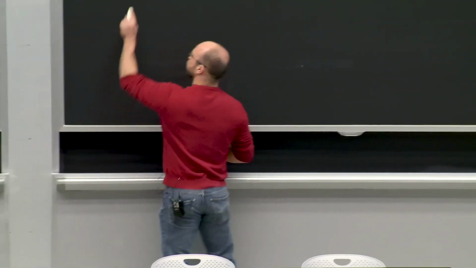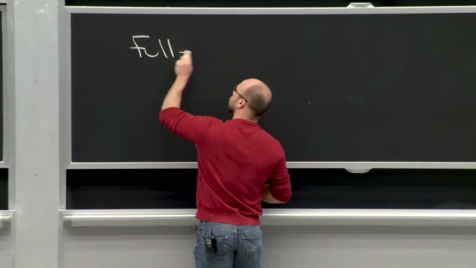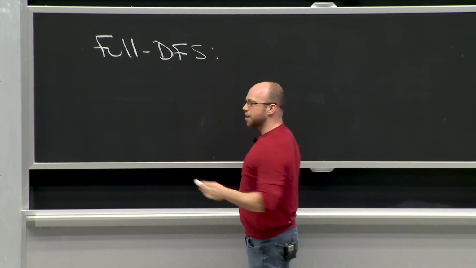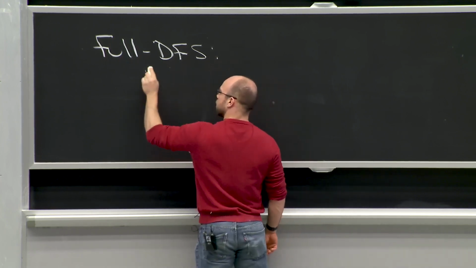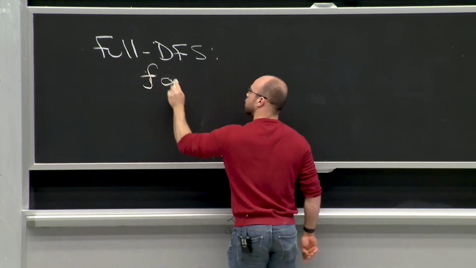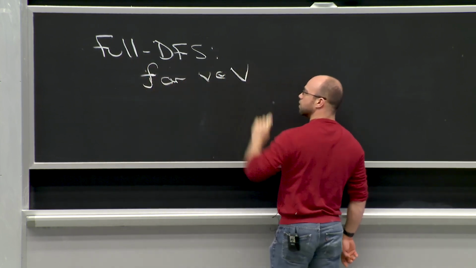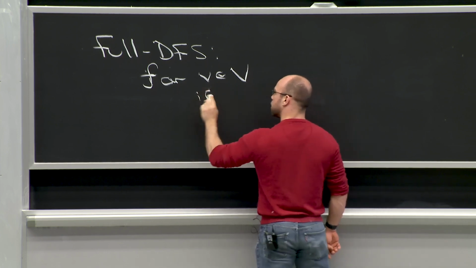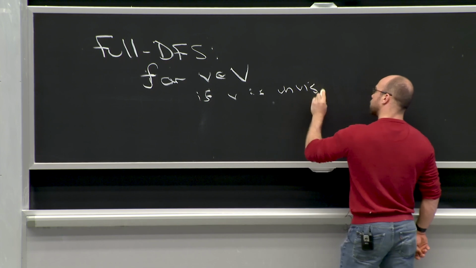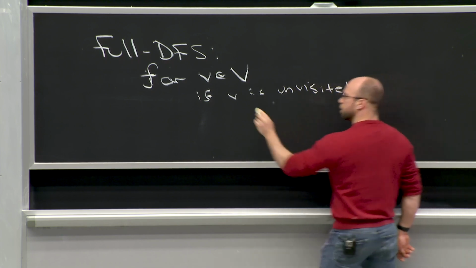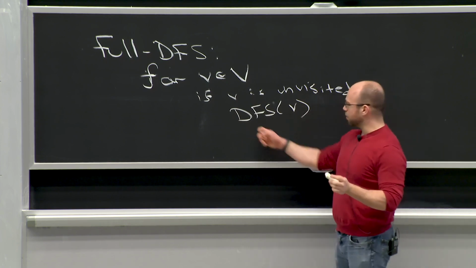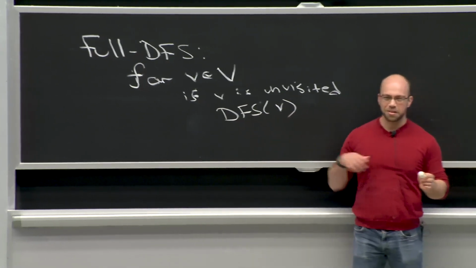Right, so what is full DFS? Ooh, this chalk is easier. Well, I'm going to iterate over all my vertices, where I stands for for loop. So if V is unvisited, then I'm going to do DFS starting at V. I guess we use visit to refer to this in the previous slide.